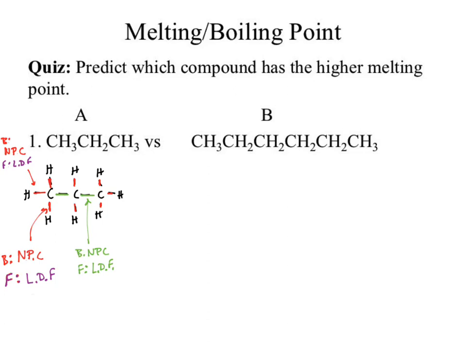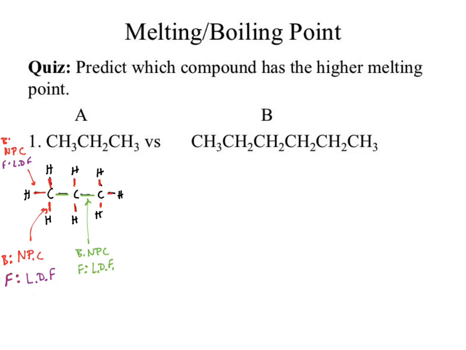You evaluate all of the individual bonds in a hydrocarbon chain. What kind of bond are they? Nonpolar covalent, which then means London dispersion forces. By definition, nonpolar. The rules that you're told to memorize have a meaning. This is the meaning. Okay?